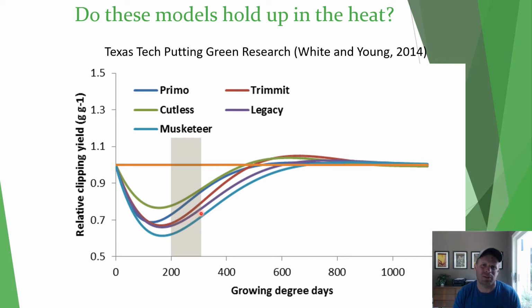This is something that we're building into the GreenKeeper models to account for the presence or absence of a rebound phase. In this example, none of the PGRs really supplied any kind of rebound. We've seen this with all the PGRs: sometimes they give a rebound, sometimes they don't, and a lot of that has to do with what state the turfgrass is in when it enters that rebound phase.